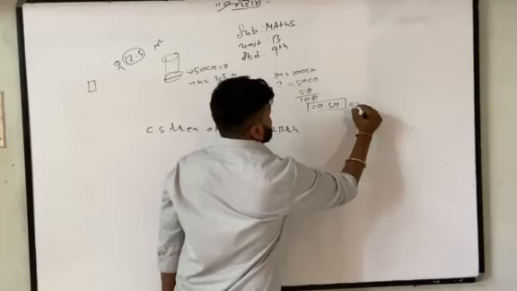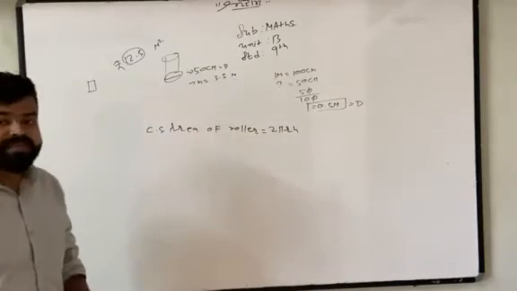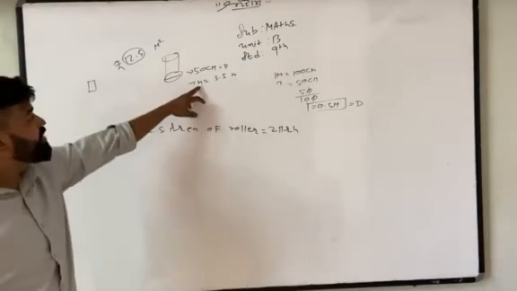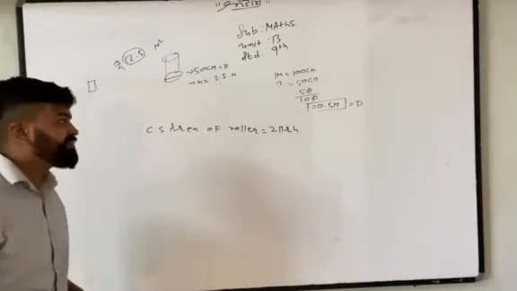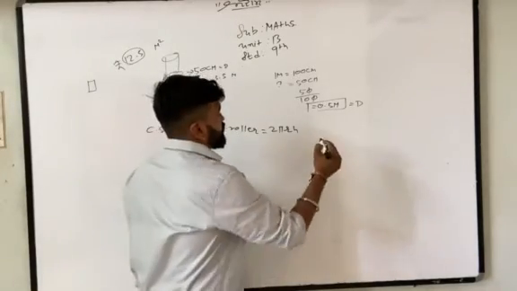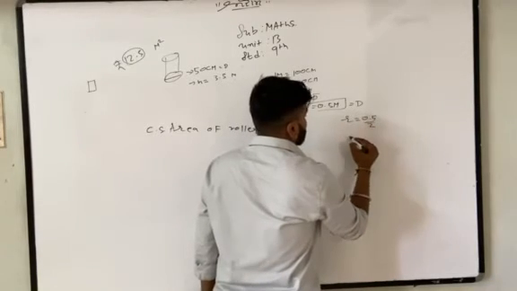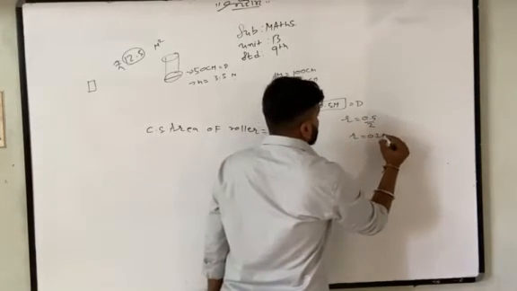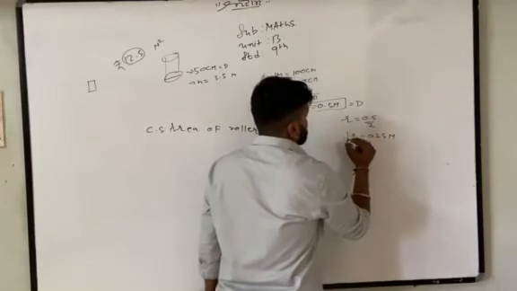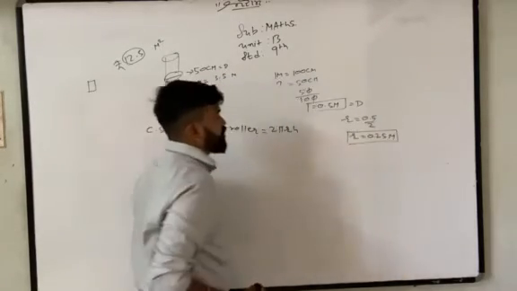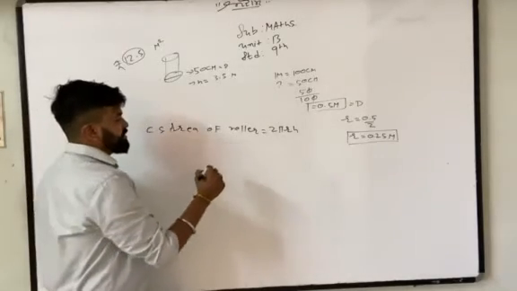This is the diameter. We need to find out the radius. So the radius is equal to 0.5 divided by 2, and that is equal to 0.25 meter. Substitute the value here.